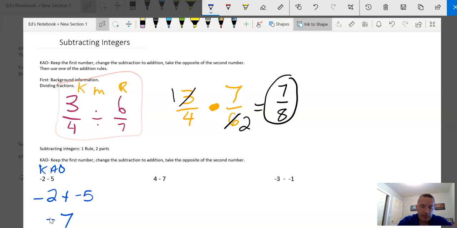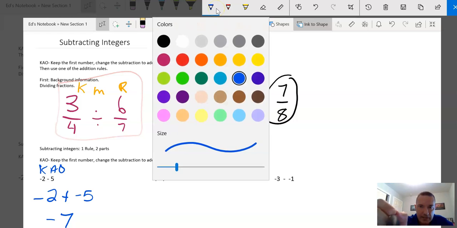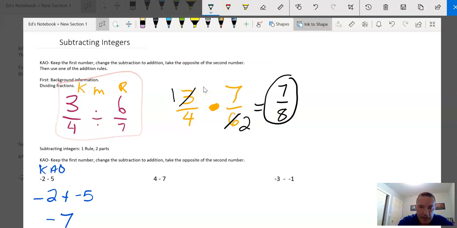All right. Here we have another example, 4 minus 7. If you have $4, but you owe someone 7, what's your situation? Now, some of you can figure this out, but let's use the rule. Keep, change, opposite. We're going to keep the first one. I'm going to change this to green. I'm going to say 4. We're going to change our subtraction to an addition. And what's the opposite of 7? We have -7. 4 plus -7.